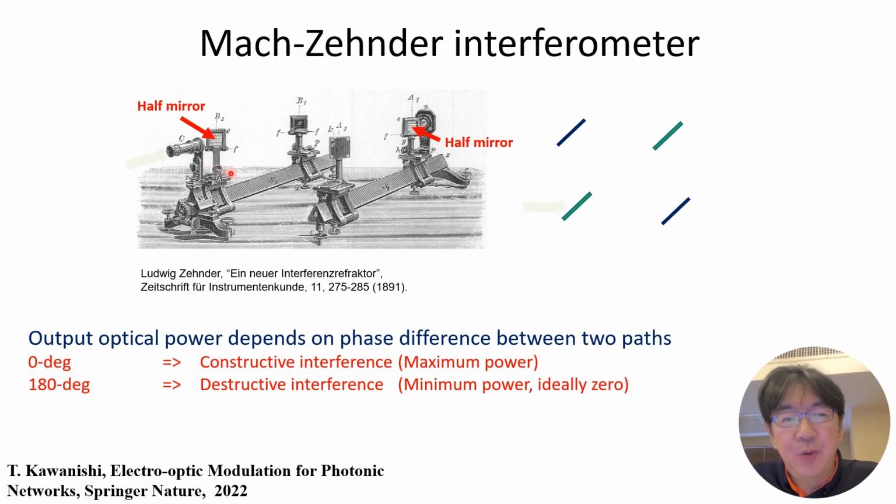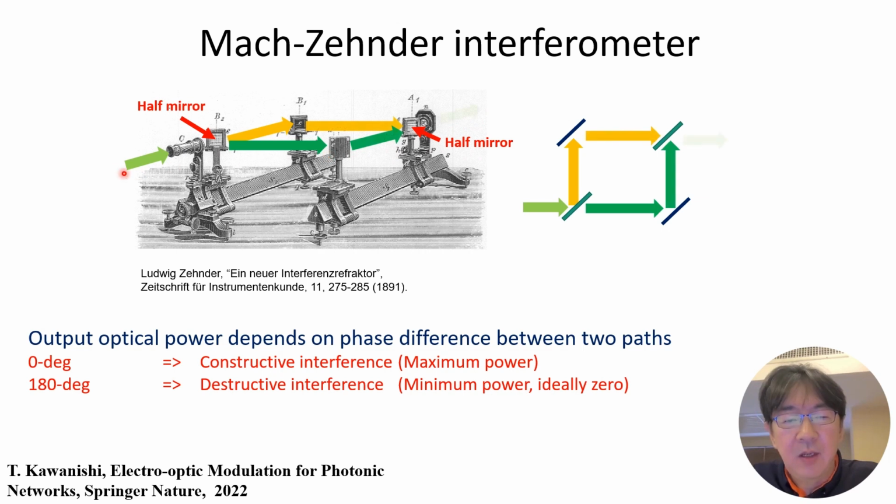It has two optical paths like this. There are two half mirrors. The optical wave would be divided into two and combined together again.